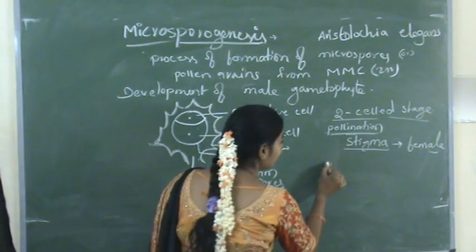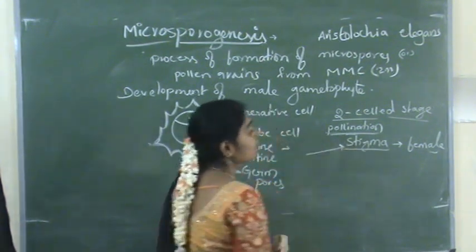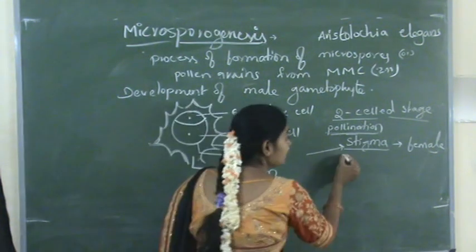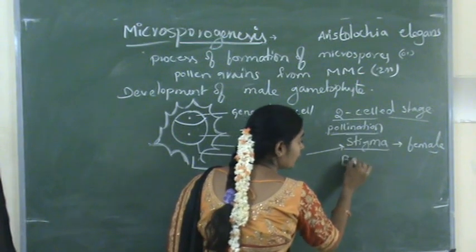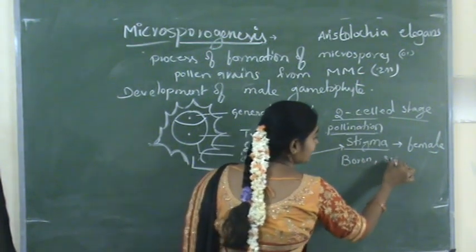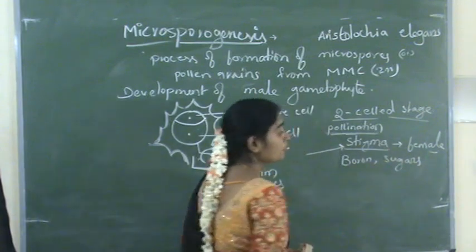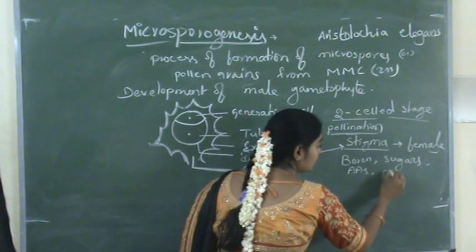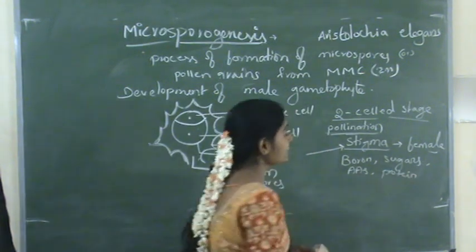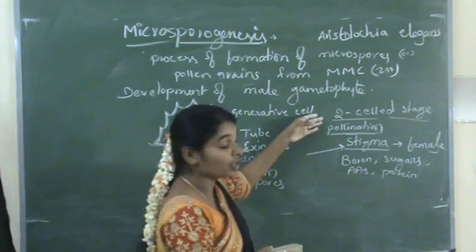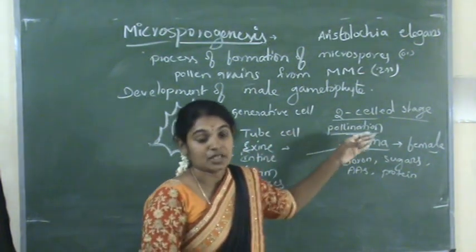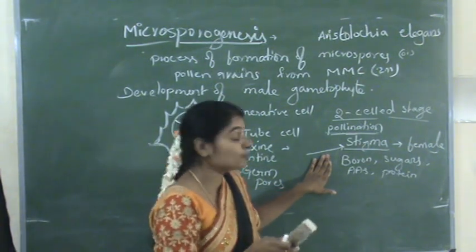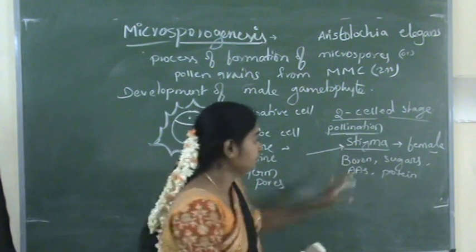So when the pollen grains reach the stigma, which is a moist surface, it provides boron, sugars, or amino acids and some other proteins, etc. to the pollen grains for their development. So here further development completely takes place in the stigma.